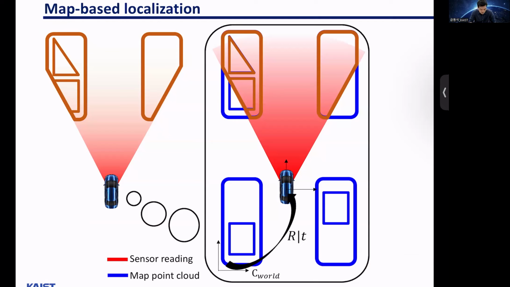In order for us to find the accurate position and orientation of the vehicle, one technique would be to have the map available, and then have the perception results or sensor readings, and then match those two pieces of information to find the pose, position and orientation of the vehicle.